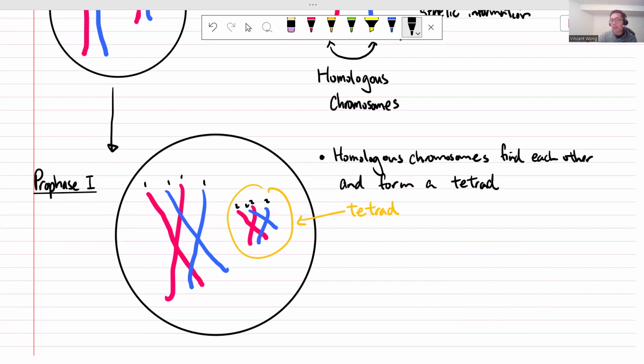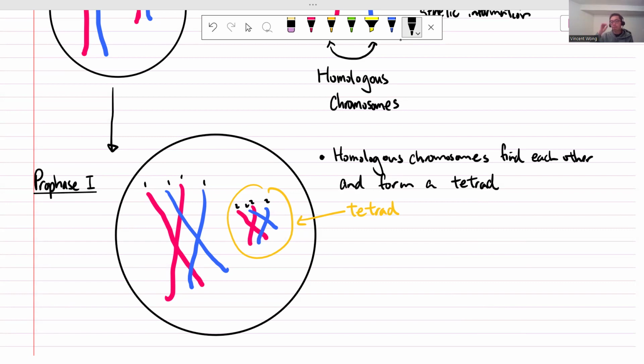So how many tetrads are we going to have in prophase 1? How many of these pairs are we going to have? How many tetrads? If you consider all the chromosomes in a regular human cell, that I did not draw. 46. Okay, I hear 46.